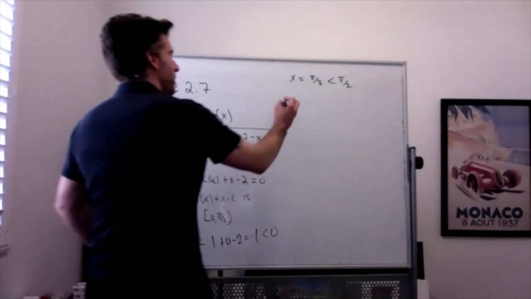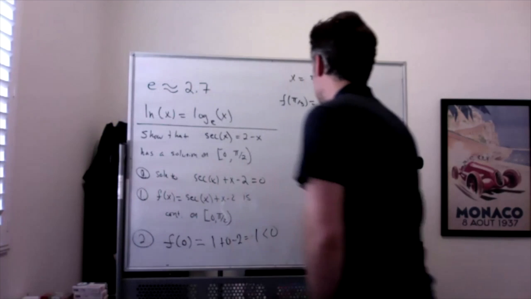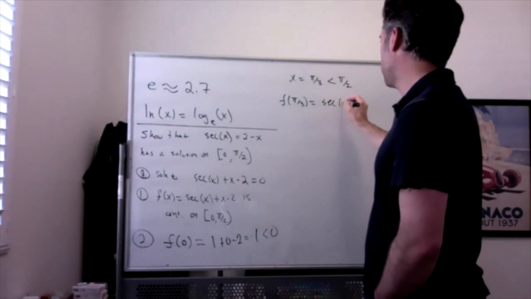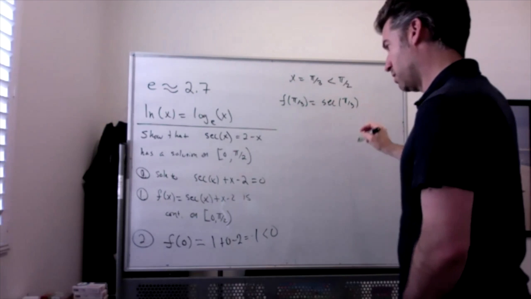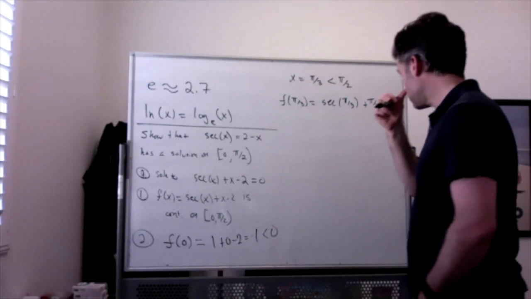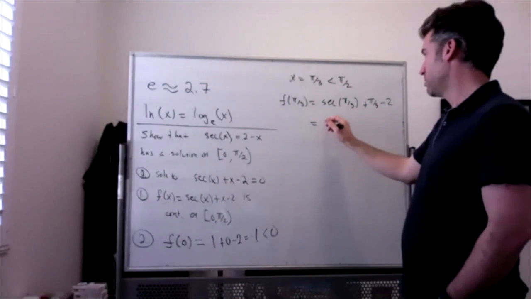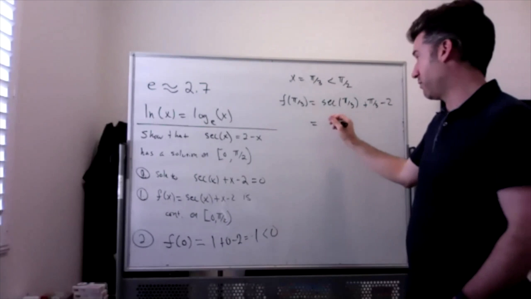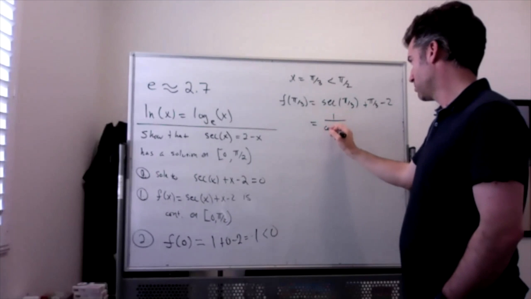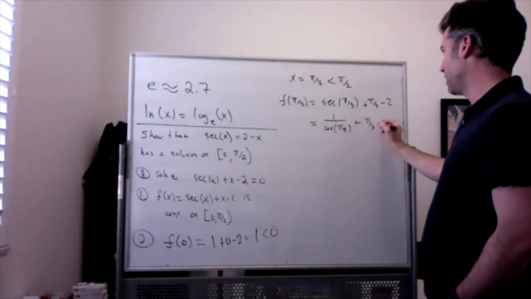So let's try f of pi over 3, which is secant of pi over 3 plus pi over 3 minus 2. Secant of pi over 3 is 1 over cosine of pi over 3, plus pi over 3 minus 2.